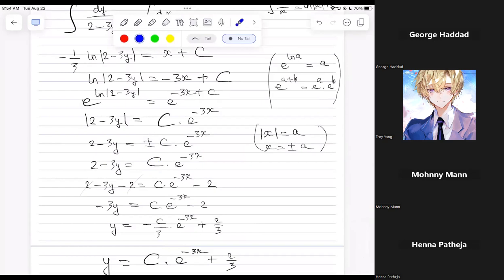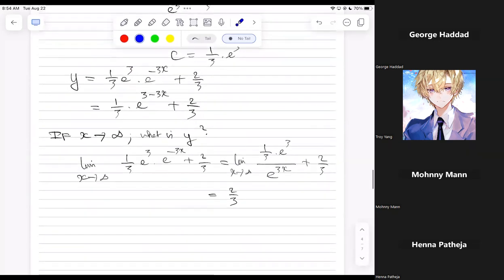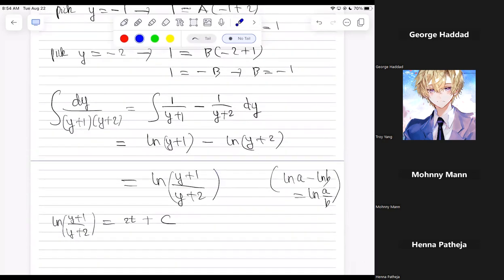So the fact that I put absolute value here doesn't matter, because after I solve that, the plus and minus can be replaced by another constant c. That's why in this one we don't need to put absolute value. If you put it, it's still right, but after that, if you solve for y, you can just absorb the plus and minus into the constant.